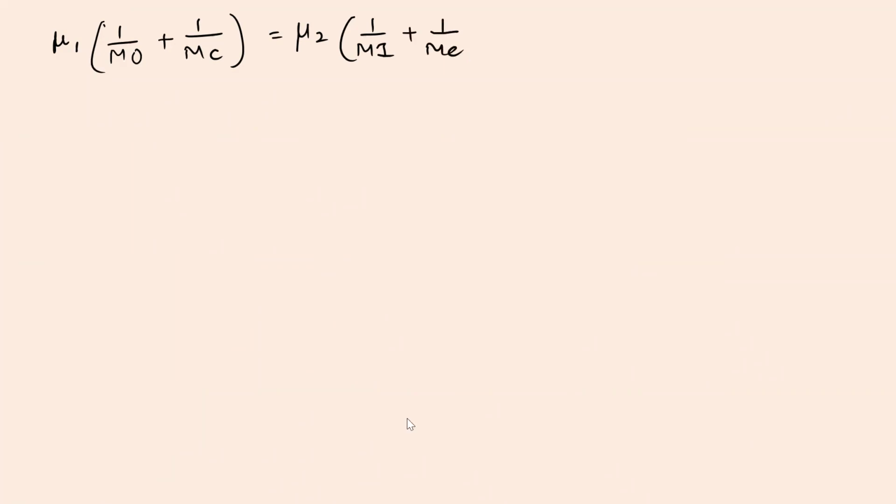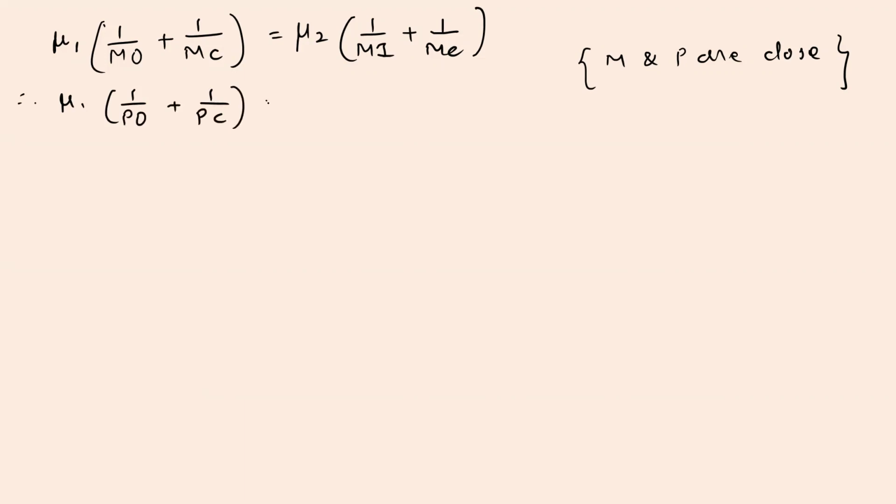But next we know that M and P are close, so I could have done that also: 1 by PO plus 1 by PC, as we want to substitute the distances. Object distance, image distance, and all the distances are to be taken from the pole.